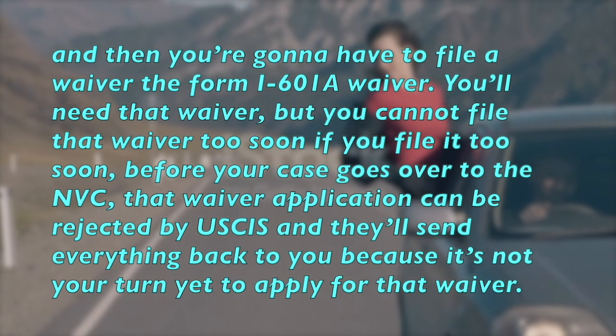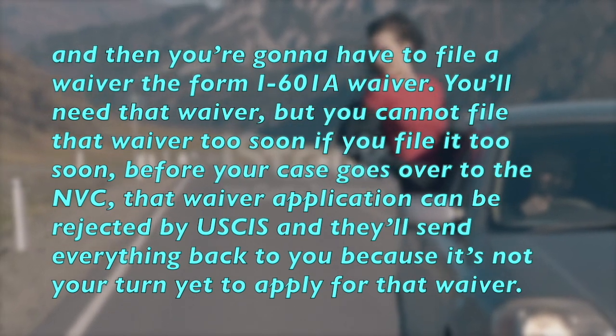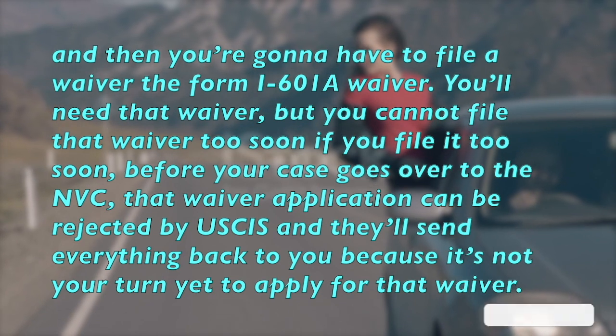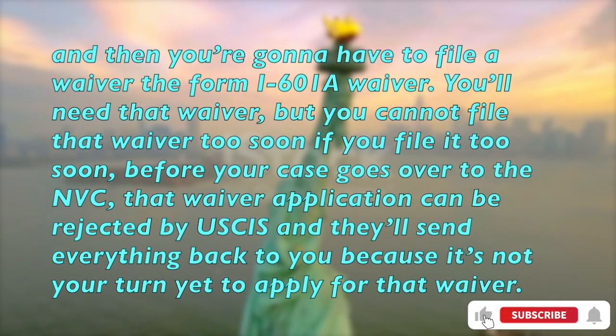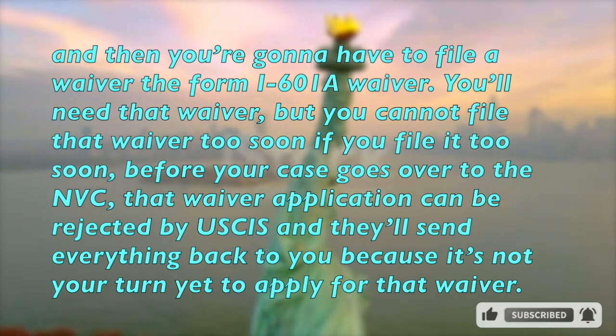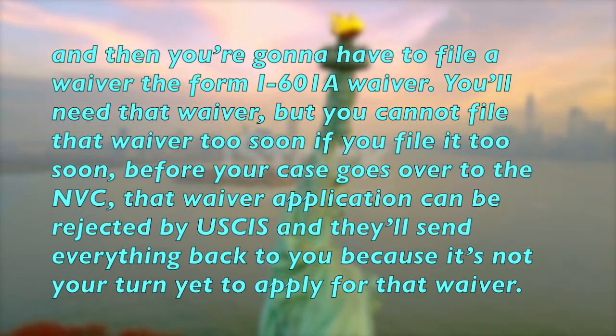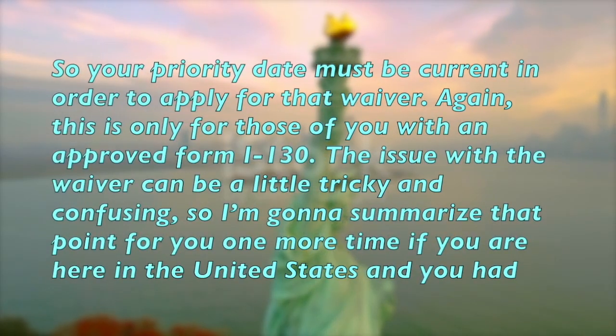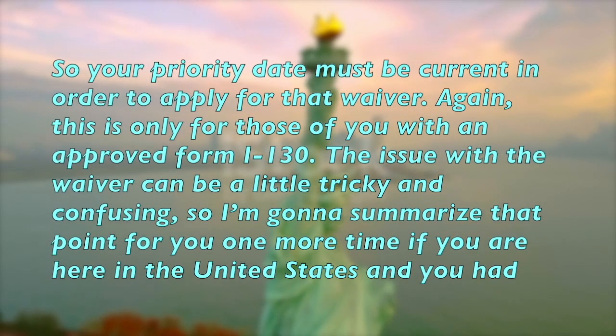You will need that waiver, but you cannot file that waiver too soon. If you file it too soon before the case goes over to the NVC, that waiver application can be rejected by USCIS and they will send everything back to you, because it's not your turn yet to apply for that waiver. So your priority date must be current in order to apply for that waiver.